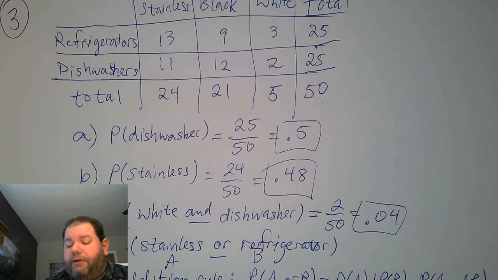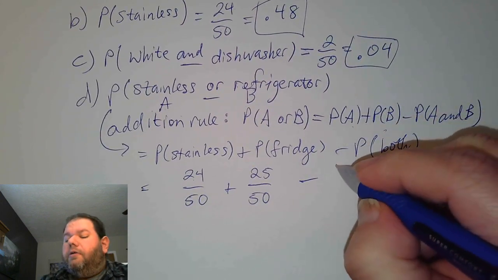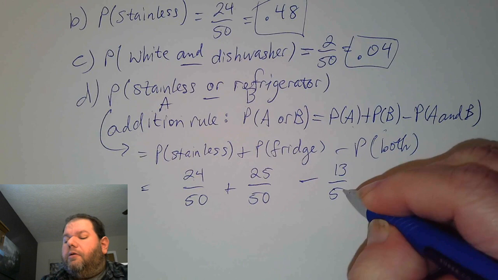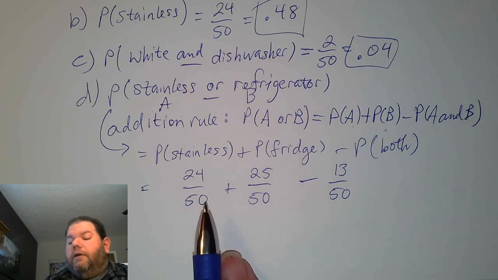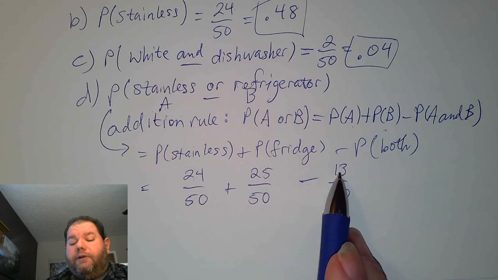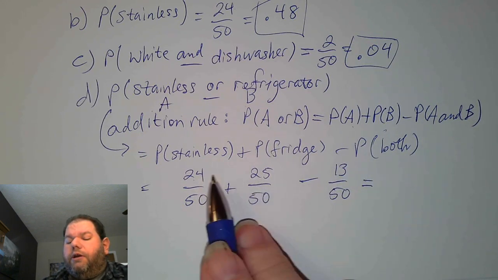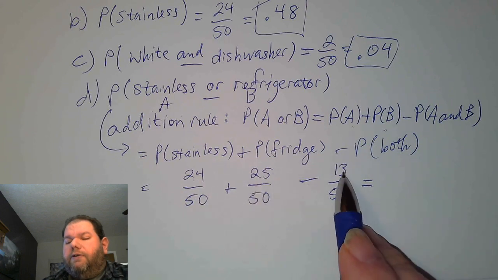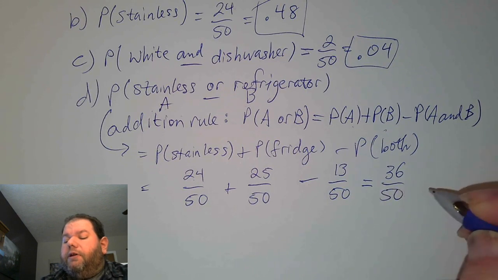That would be 13 out of 50. Okay. And so we'll just combine these together, 24 plus 25, and then minus 13. So it's 49 minus 13 is 36 out of 50, which comes out to be 0.72.